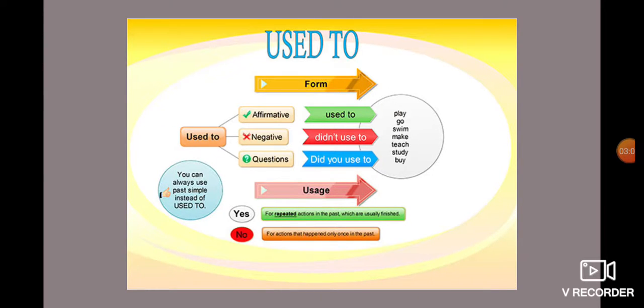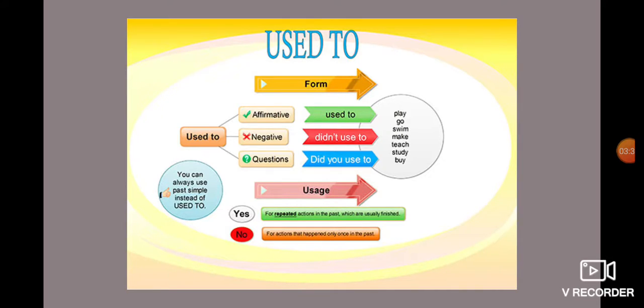And if you have a question: did you use to go? Did you use to play? Did you use to swim? Did you use to teach? All of this is information that we learn today. You know that the form of used to is affirmative, negative, or in some cases, question.